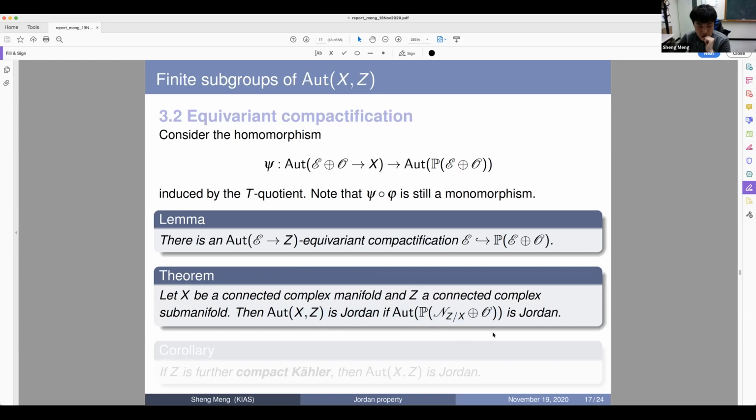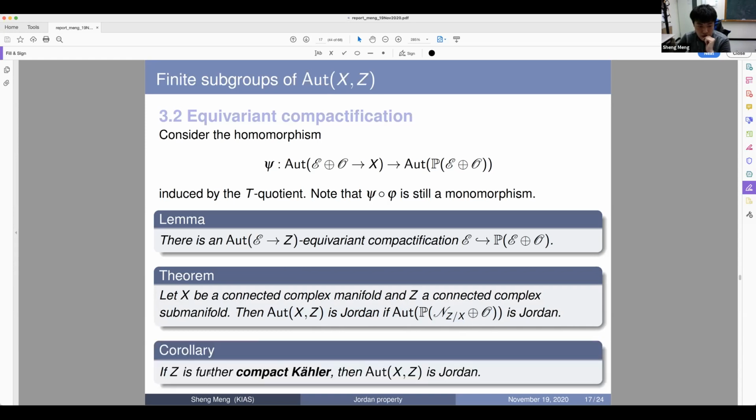So as a corollary, if we are lucky to find some compact Kähler Z, then the P^n bundle of a compact Kähler is still compact Kähler. So in particular, we know that compact Kähler has Jordan automorphism group. So this is Jordan, and we have Aut(X,Z) is Jordan. Okay. Any question?